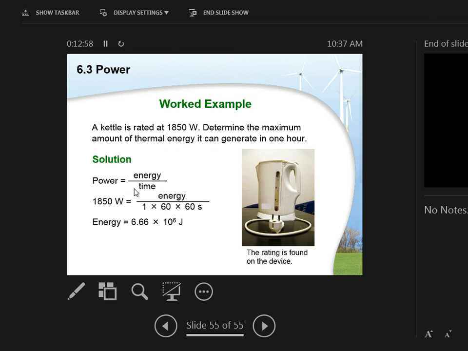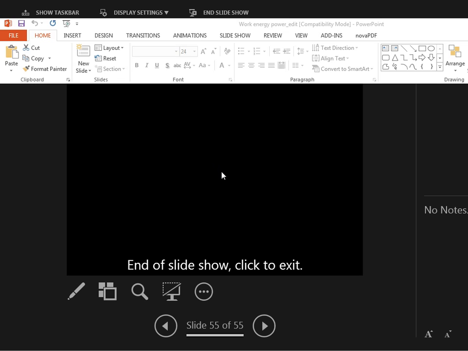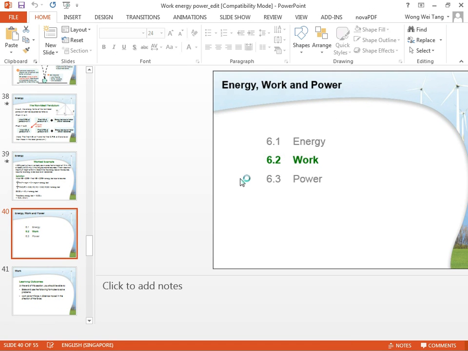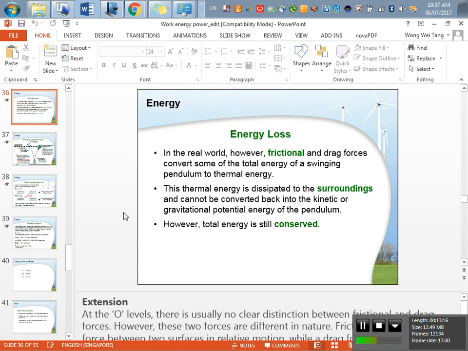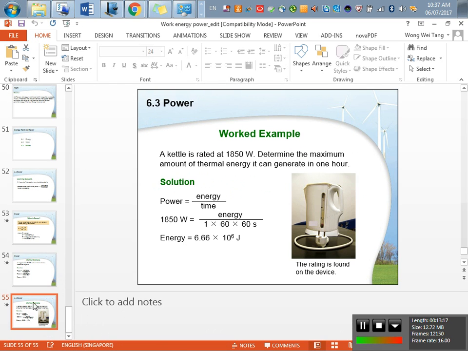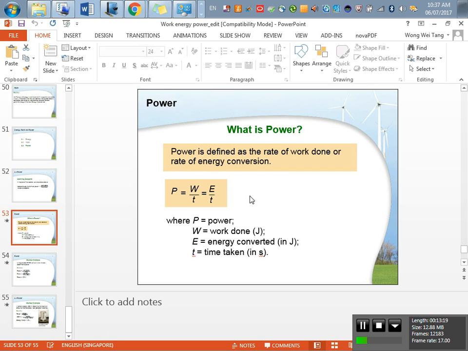Power equals the energy converted over the time taken. Fill in all the numbers, solve for the energy. That's all. Oh, and that's all for power. Okay, only one formula to remember. This one for power.